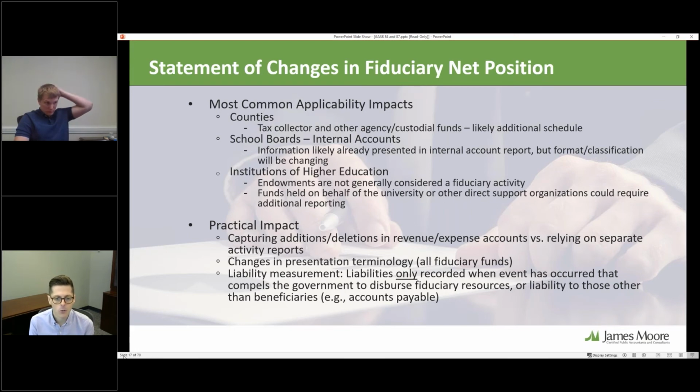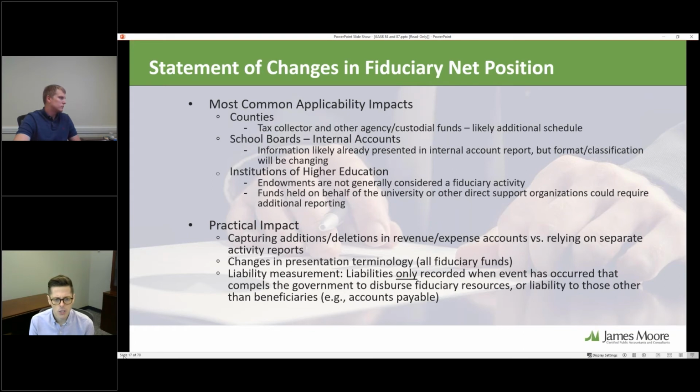So again, if you're holding assets to be invested on behalf of another organization or the university, outside of a typical endowment arrangement where those funds are given to a foundation, that would likely need to be split out into fiduciary statements. The practical impact of all of this is that we're going to be capturing the additions and deductions in sort of revenue and expense accounts versus relying on separate activity reports.